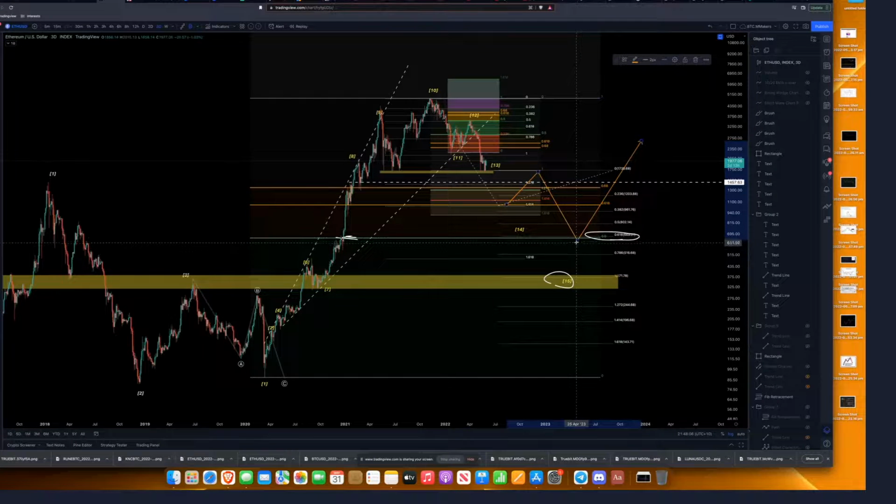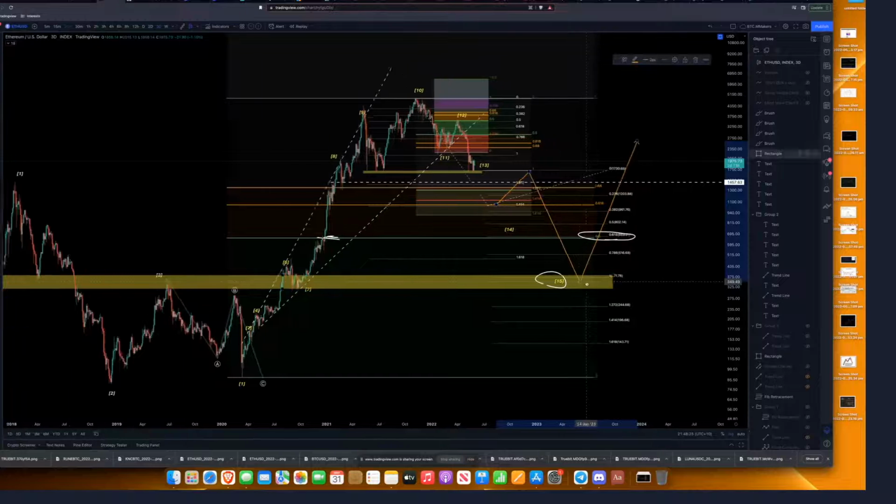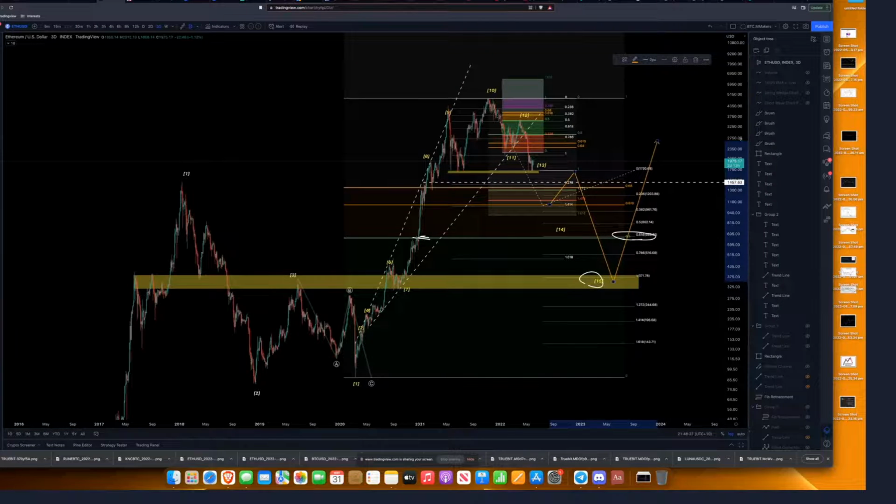And if it's a real bear market, like people say, then we can go way down to this level, which probably equates to Bitcoin between 10,000 to 15,000 range. So if Bitcoin was to come down to 10 to 15,000, then Ethereum could probably come down that low as well. And that's basically on the structure.